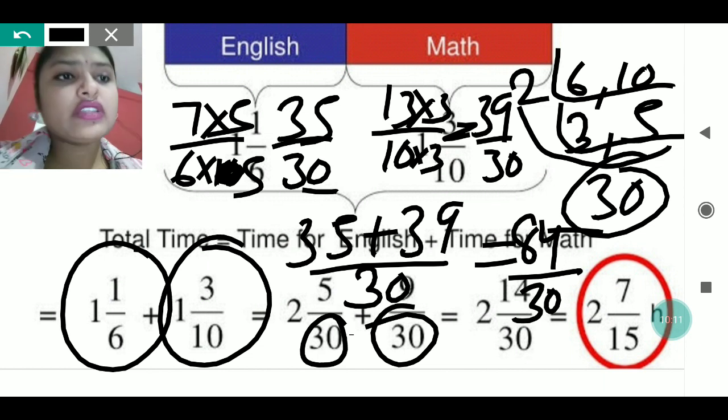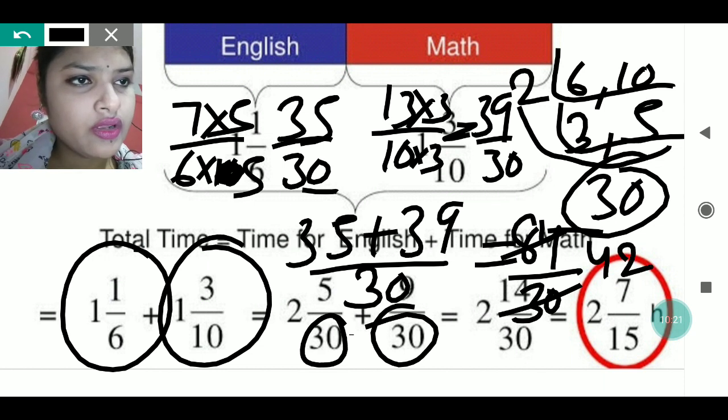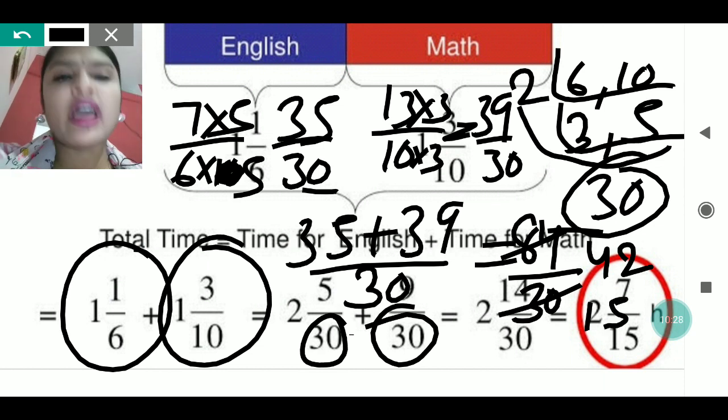Is that 84 by 30 in its lowest term? No. Convert it into its lowest term. What you will get? 42 by 15. I have divided by 2.